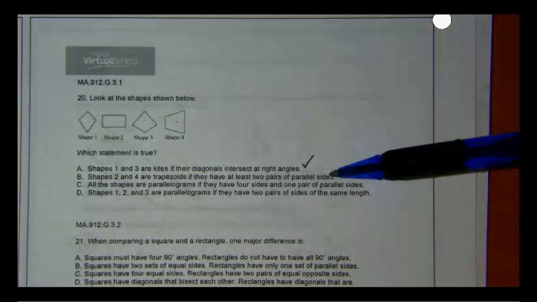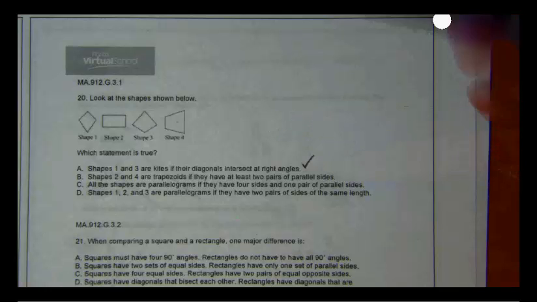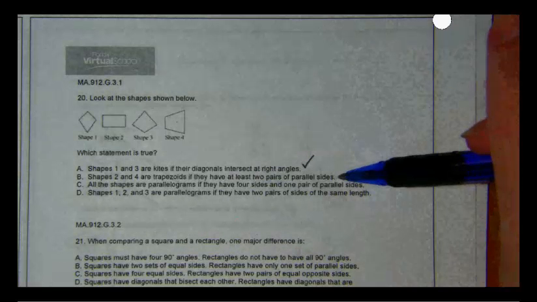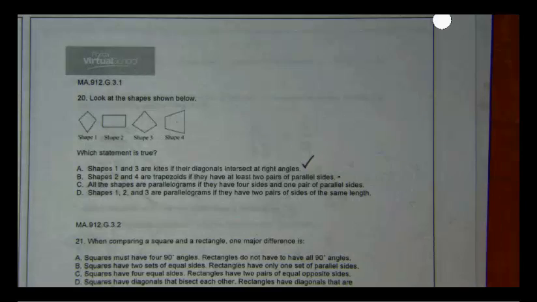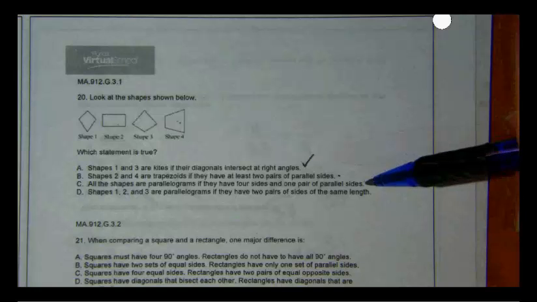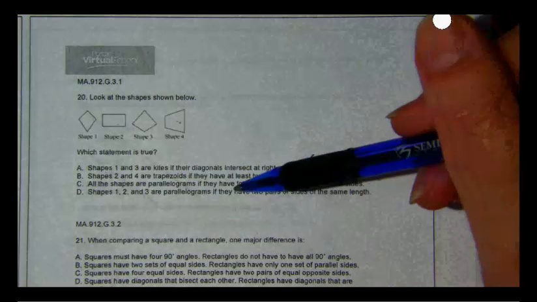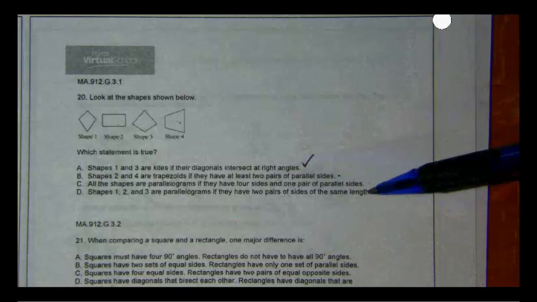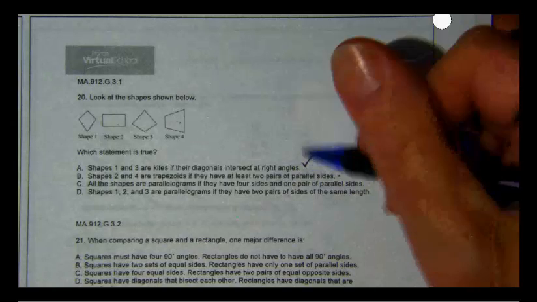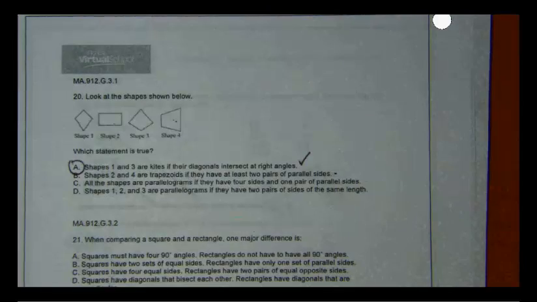No. Trapezoids only have one pair of parallel sides, right? This is a trapezoid. This is not. All shapes are parallelograms if they have 4 sides and 1 pair of parallel sides. No. And shapes 1, 2, and 3 are parallelograms if they have 2 pairs of sides the same length. No. The only one that's true was A.